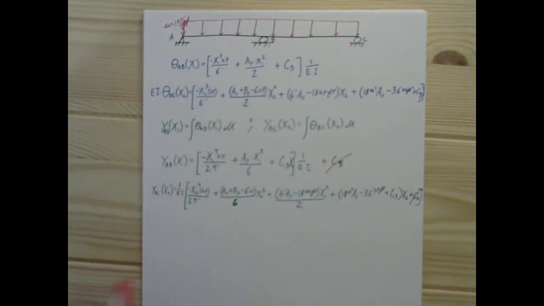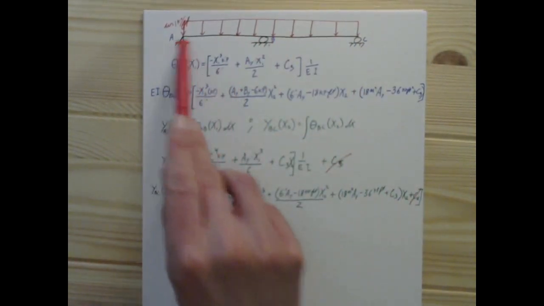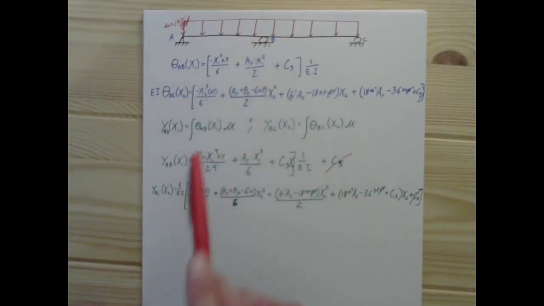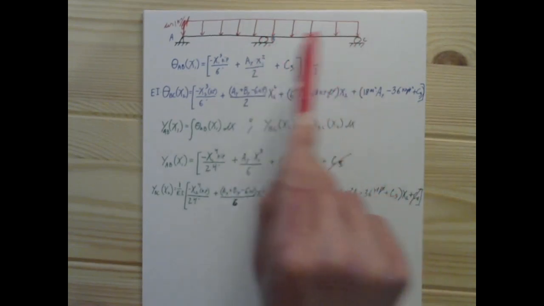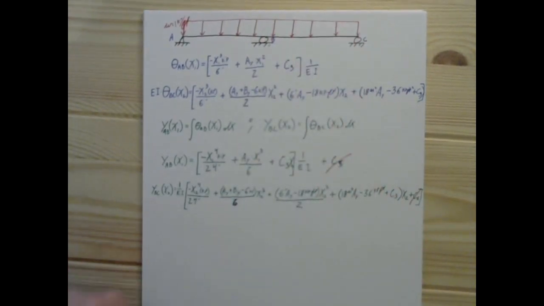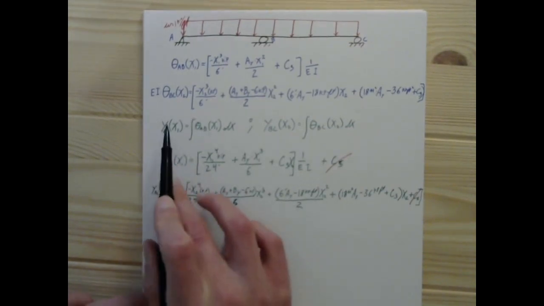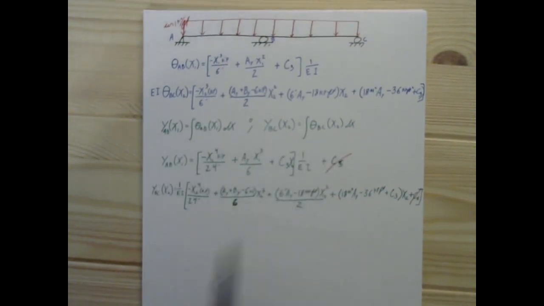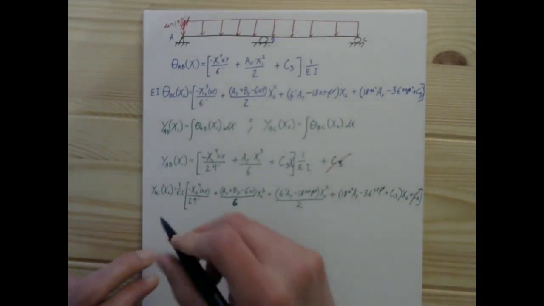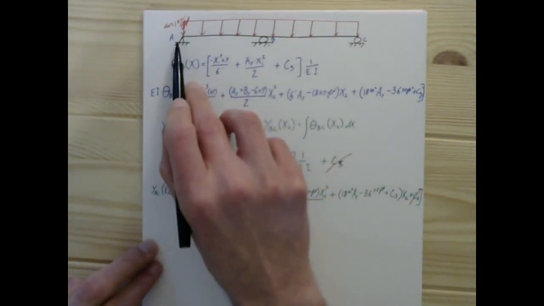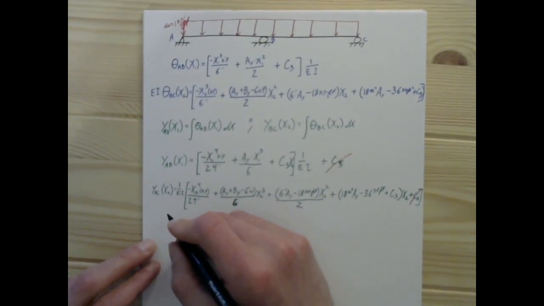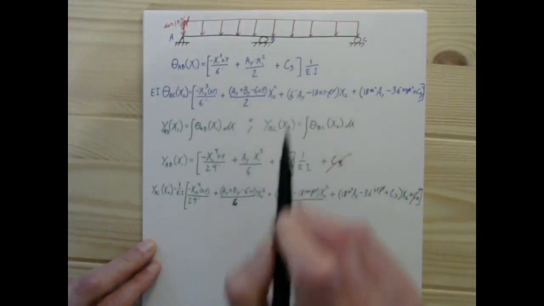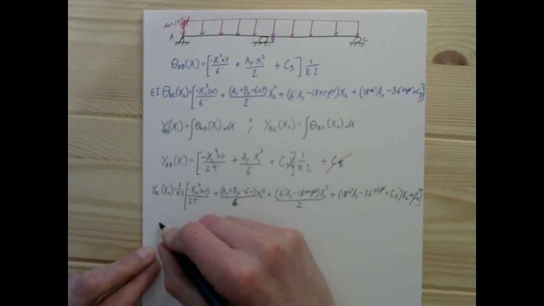We need to consider the boundary condition for AB at B, and the boundary condition for BC at C. Let's start with AB, which is much easier to deal with. We know that if we put in 6 feet to AB, we better get 0, because there's a roller right there.